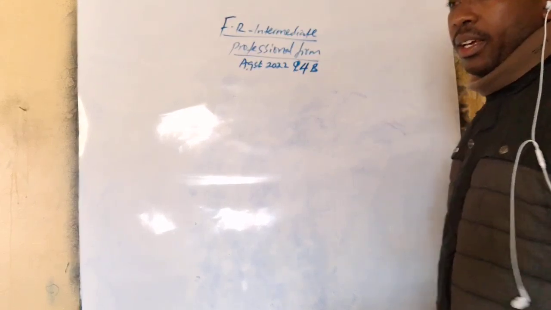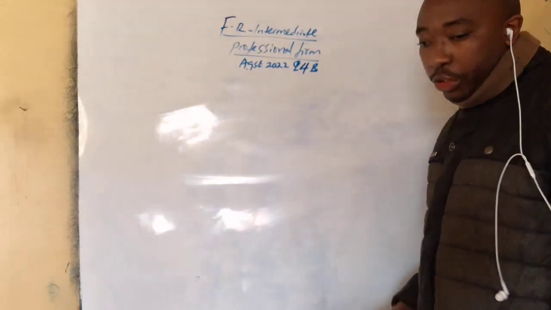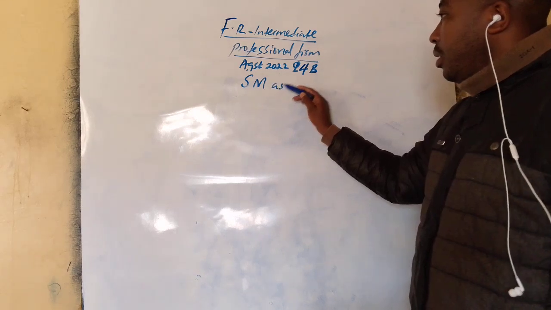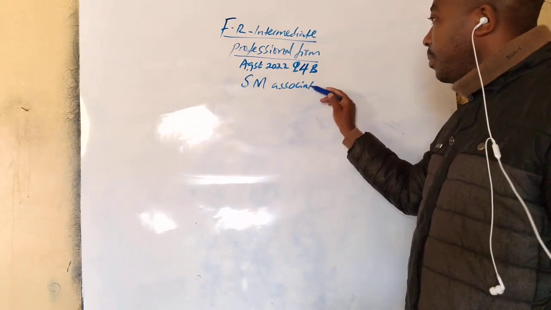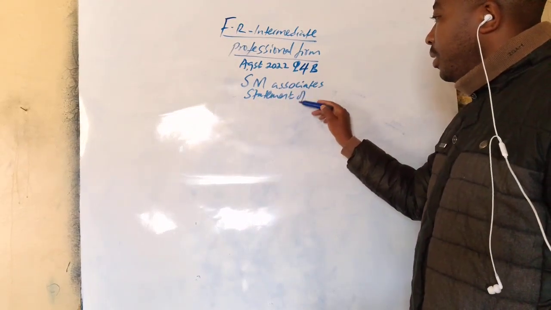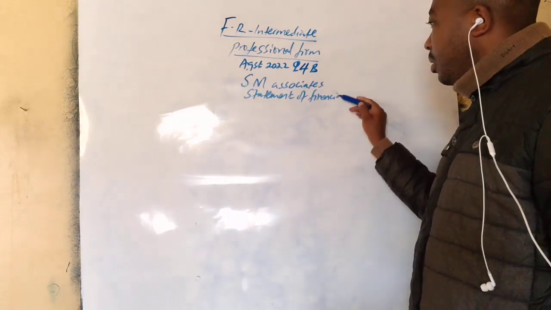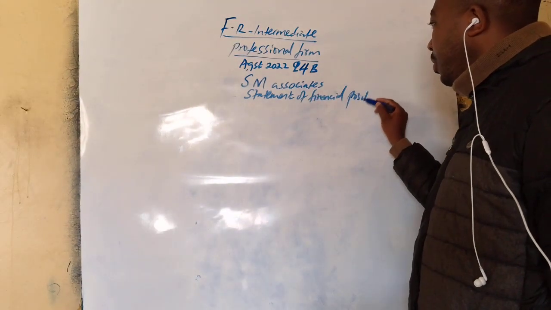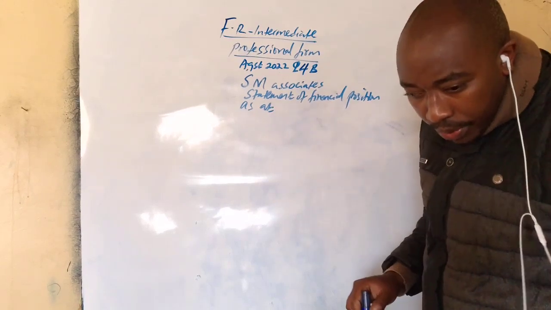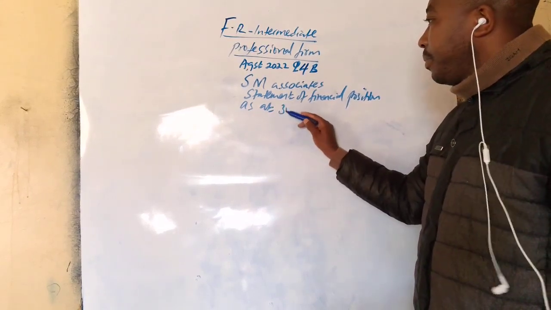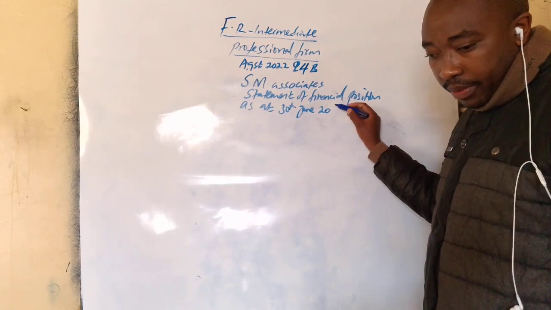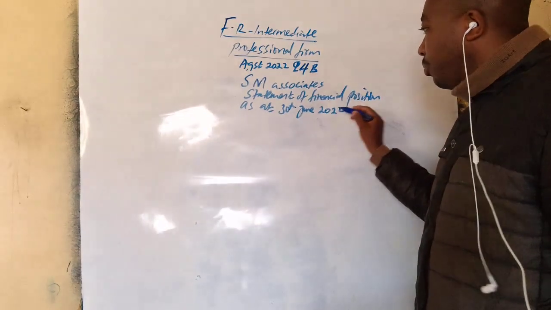Roman 2 is about the statement of financial position. Name is SM Associates. This is the statement of financial position as at 30th June 2022.